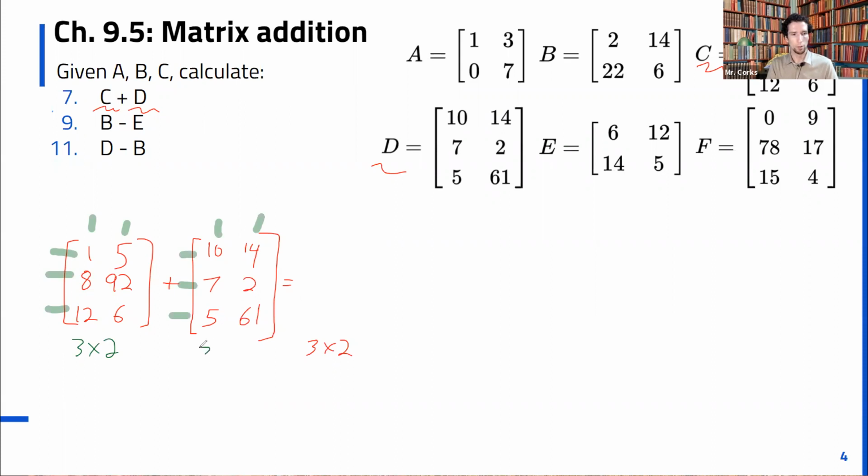So also a 3x2 matrix. So our result will also be a 3x2 matrix. Okay, so that's part of it. That's the condition. What's the actual operation we're doing?